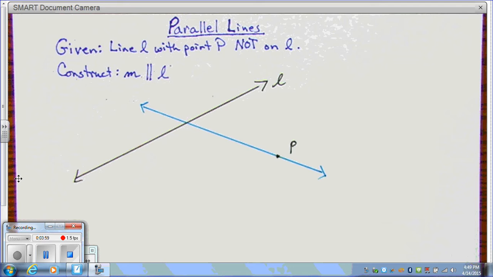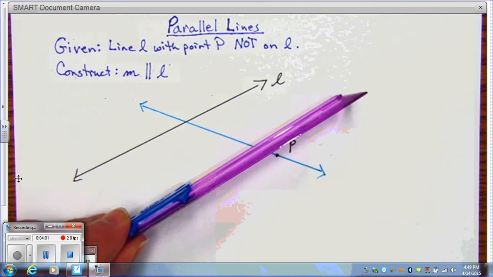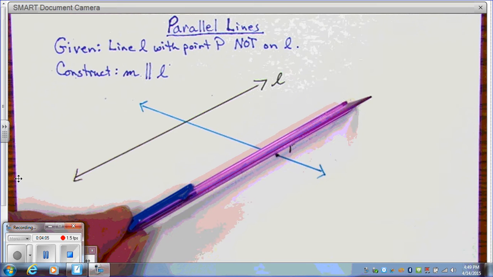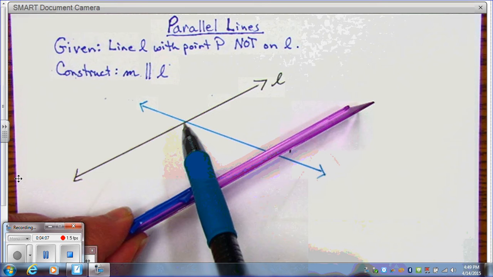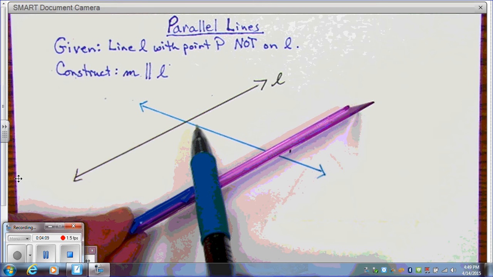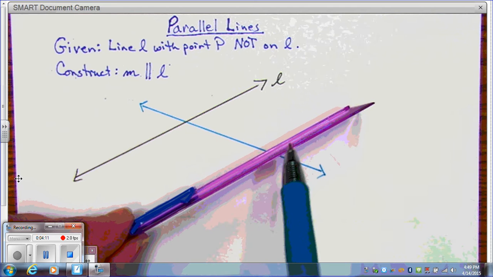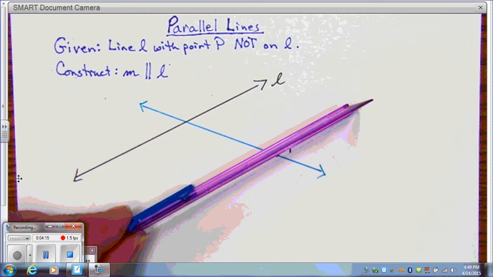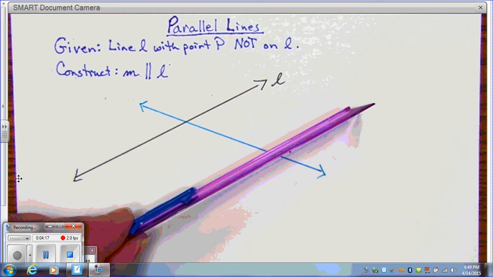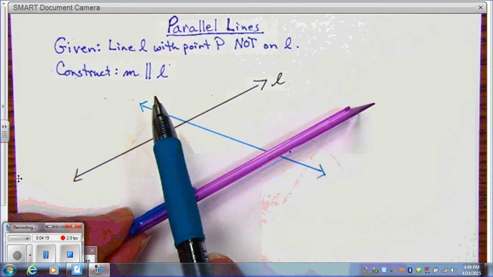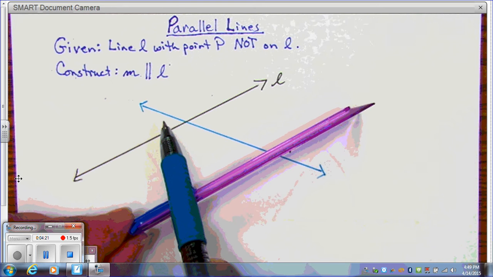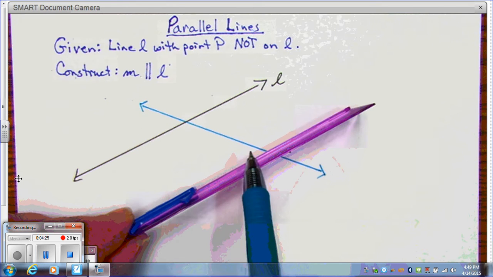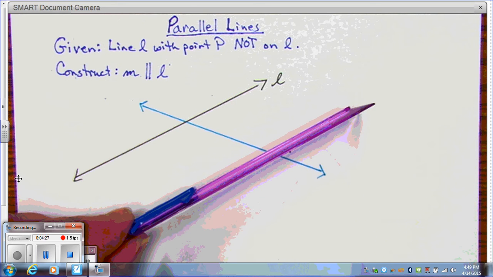Now again, let's visualize, what am I after? I'm after this line that's parallel to L passing through P. But notice now, there's 4 angles here, and I can visualize where there should be 4 angles right there around P. Yes? You with me? And we would have corresponding angles. So this little acute angle right here I'm pointing at should be congruent to this little acute angle right here as corresponding angles.